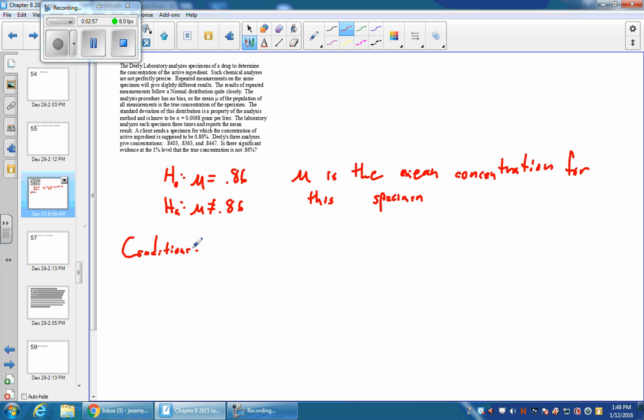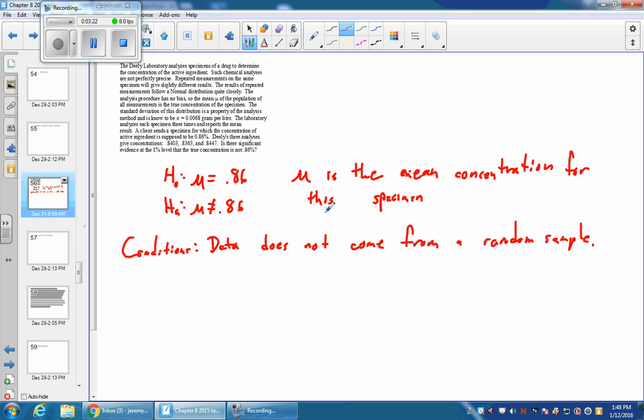Doesn't say. So then you just write data does not come from random sample. That tells us that we might not be able to generalize this to the whole specimen.